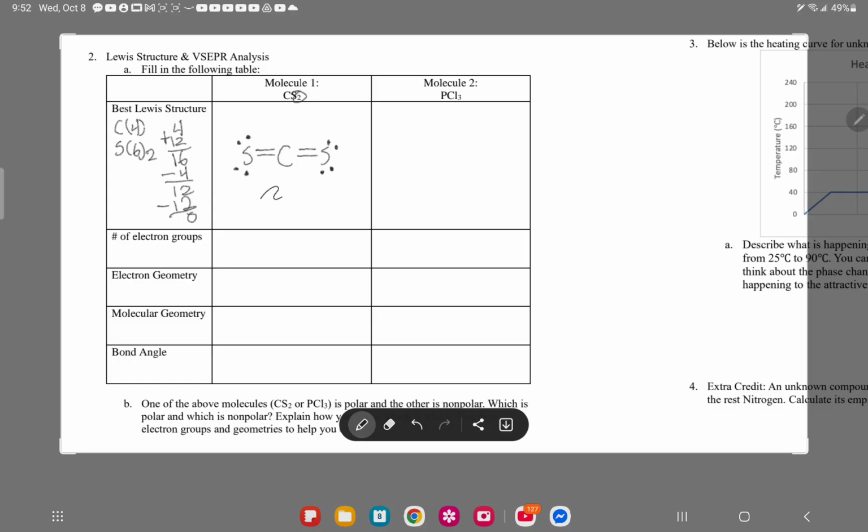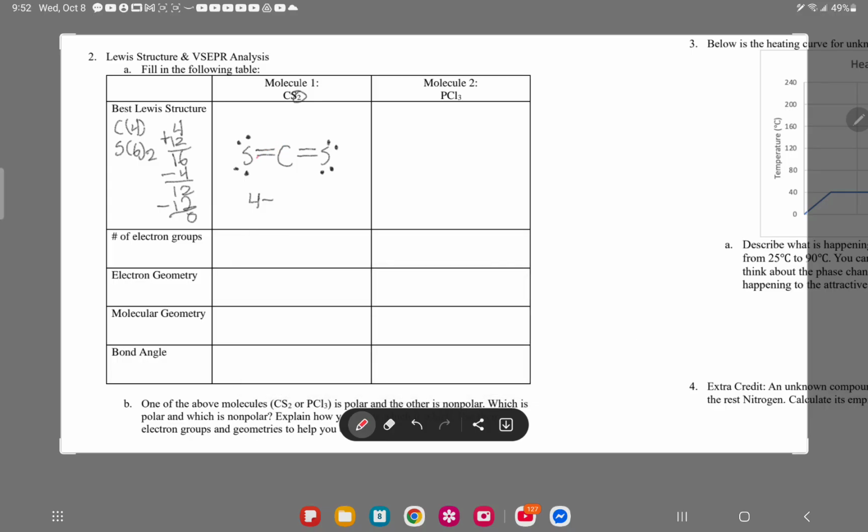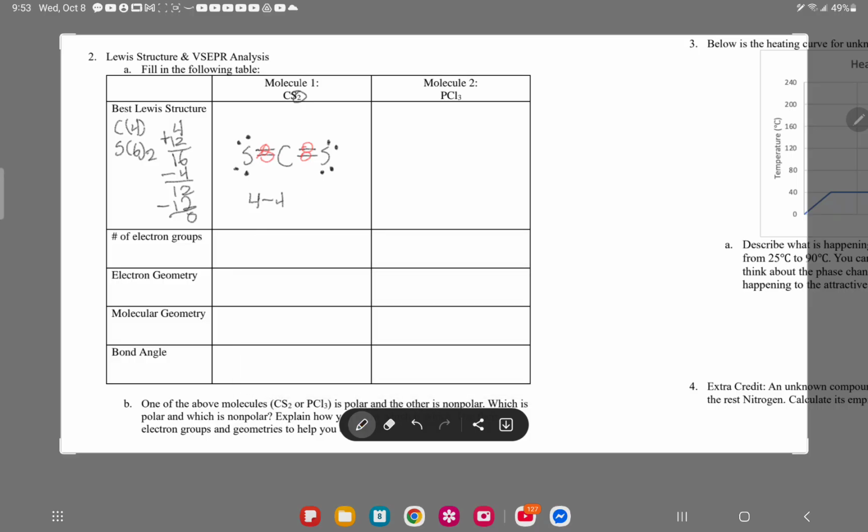C in the middle has 4, with, let's see, 1, 2, 3, 4 bonding pairs. That'll be 4, and it doesn't have any free lone pairs. So we're going to have minus 0. Our formal charges should be 0 all across. This is a happy structure.